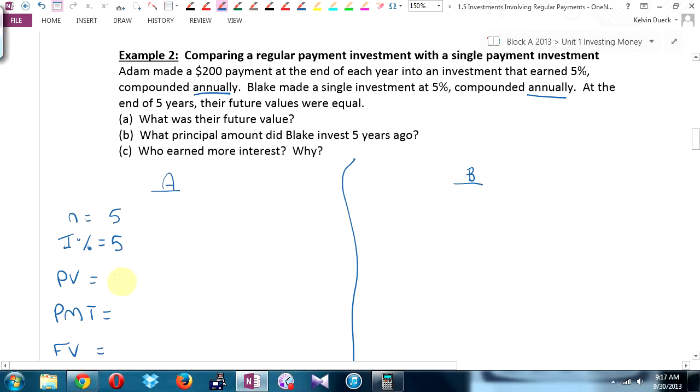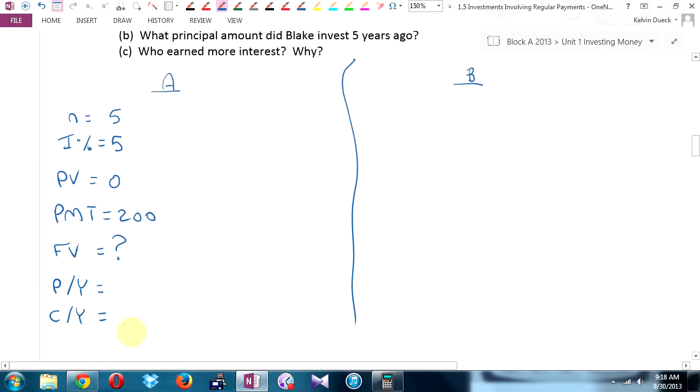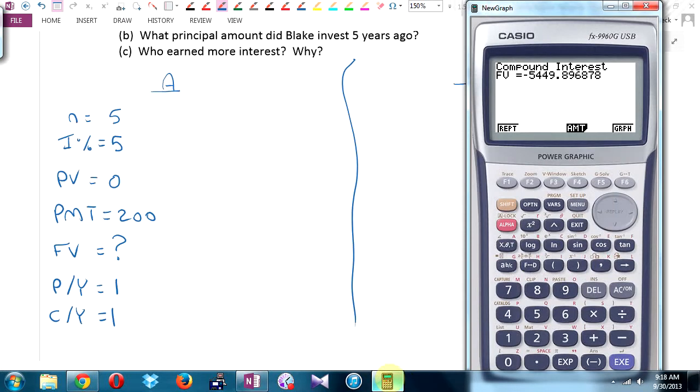I think at the very beginning, 0, and then he's chipping in $200. Oh, and that's his payment, $200. Final value, don't know. How many payments per year is Adam making? 1? And how many compound periods per year for Adam? 1? Okay. I'm going to enter this data into my calculator.